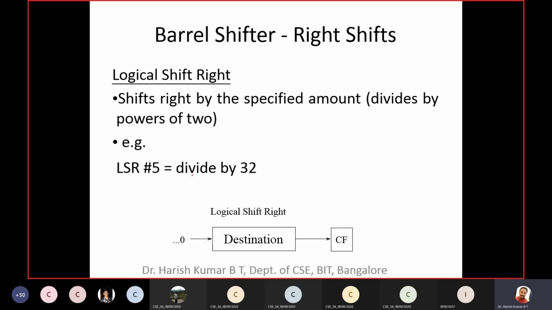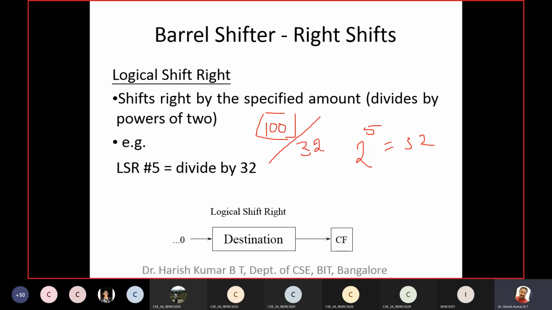Say I'm doing a logical shift right 5 times, so 2 raised to 5 is 32. Say I perform a 5-bit right shift on the number 100. It gives the effect of dividing 100 by 2 raised to 5, that is 32.